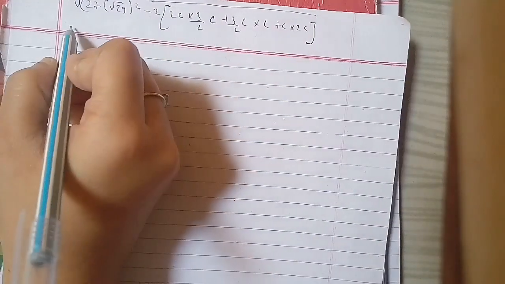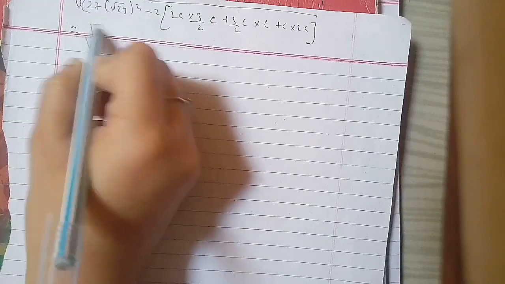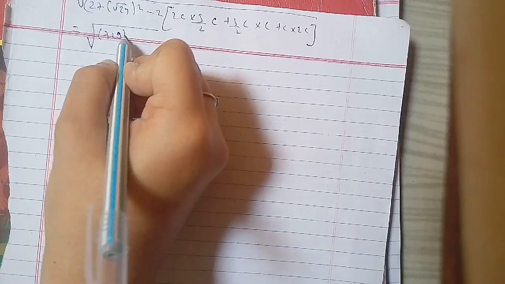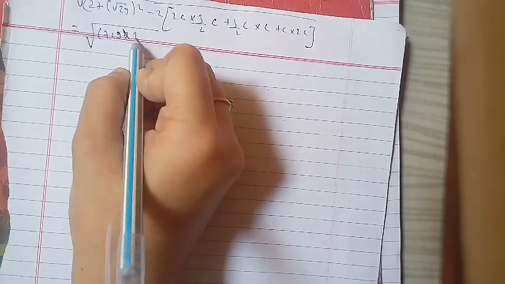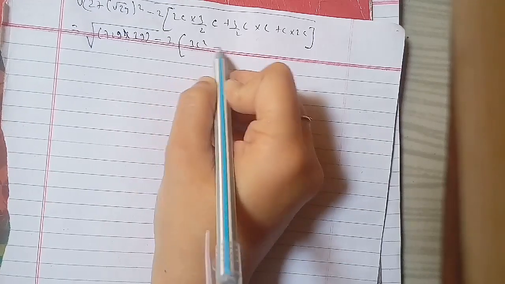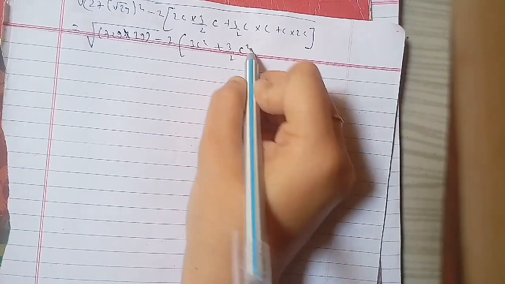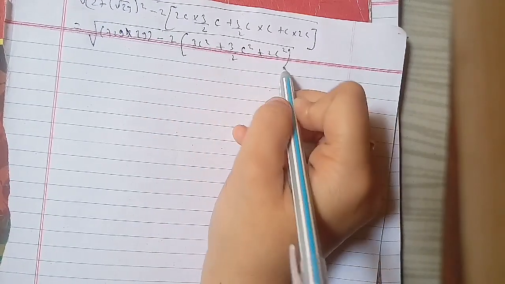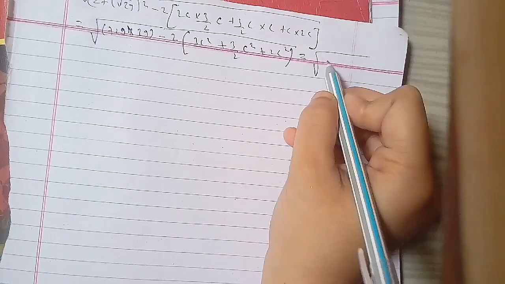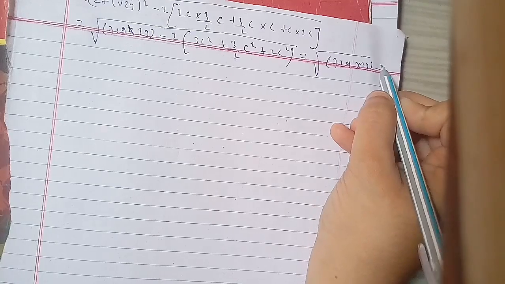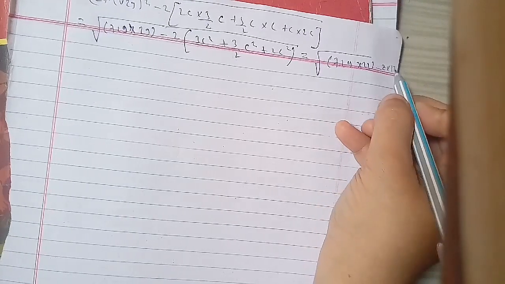Further it is under root 729 into 29 minus 2 times (3c square plus 3 upon 2c square plus 2c square), which equals under root 729 into 29 minus 2 into 13 by 2 c square.